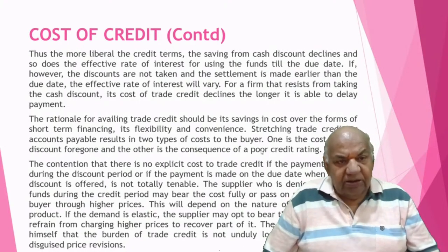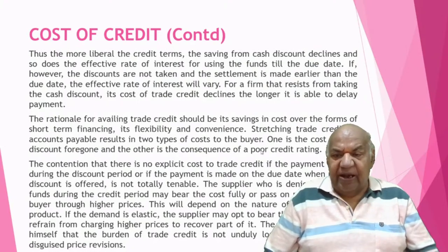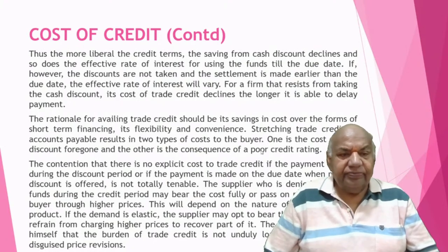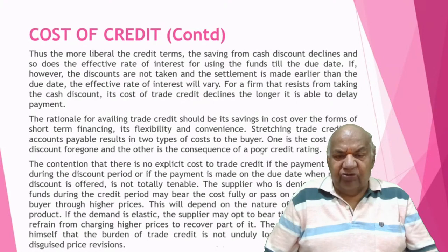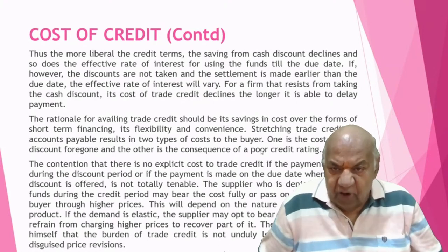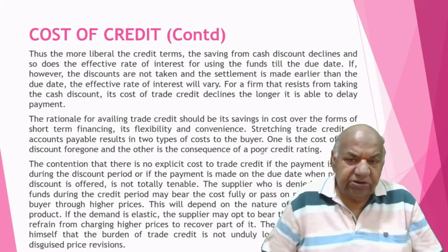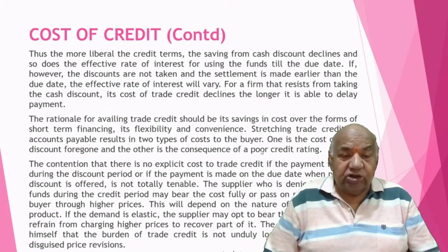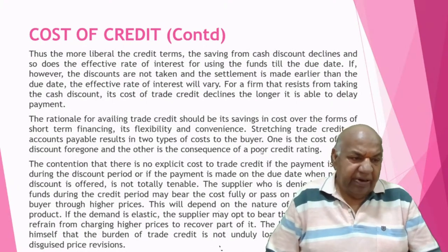If, however, the discounts are not taken and the settlement is made earlier than the due date, the effective rate of interest will vary. For a firm that refrains from taking the cash discounts, its cost of trade credit declines the longer it is able to delay payment.